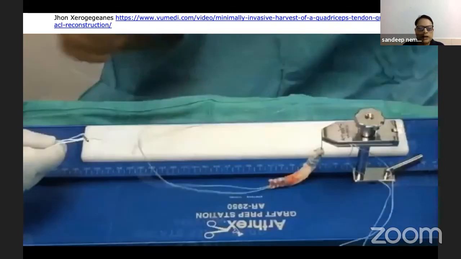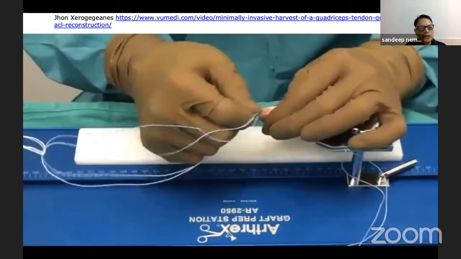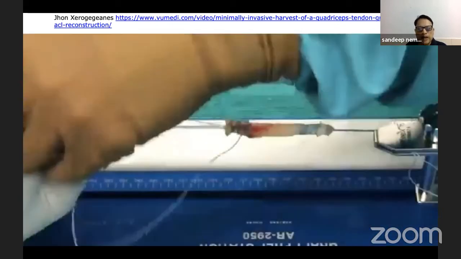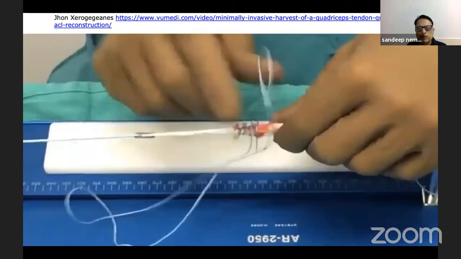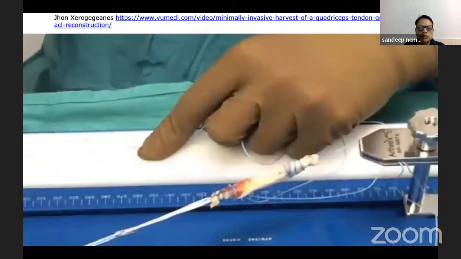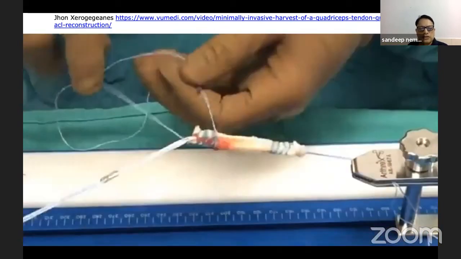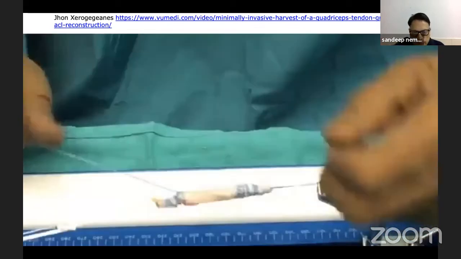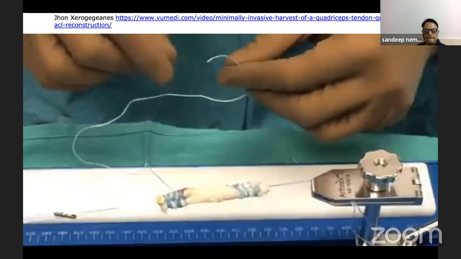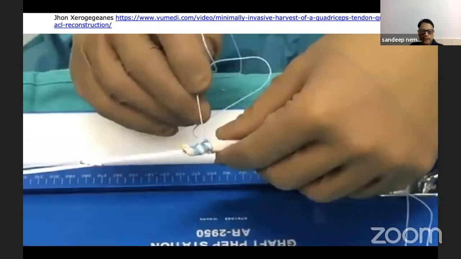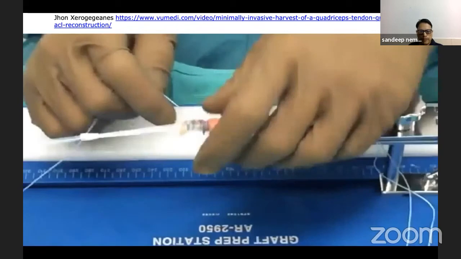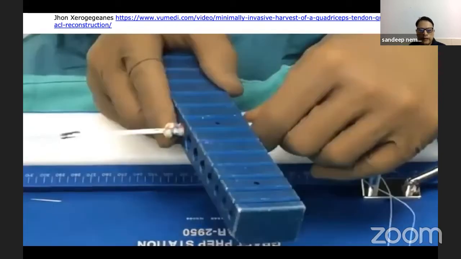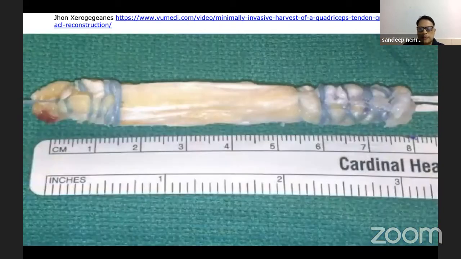A minimum of 4 loops are required at the end of the tendon, and then we pass the loop through the tightrope or some other device, and then subsequently pass another 2 or 3 throws through the same end and fix it to the femoral side of the quadriceps tendon. Okay, so that's the prepared tendon.